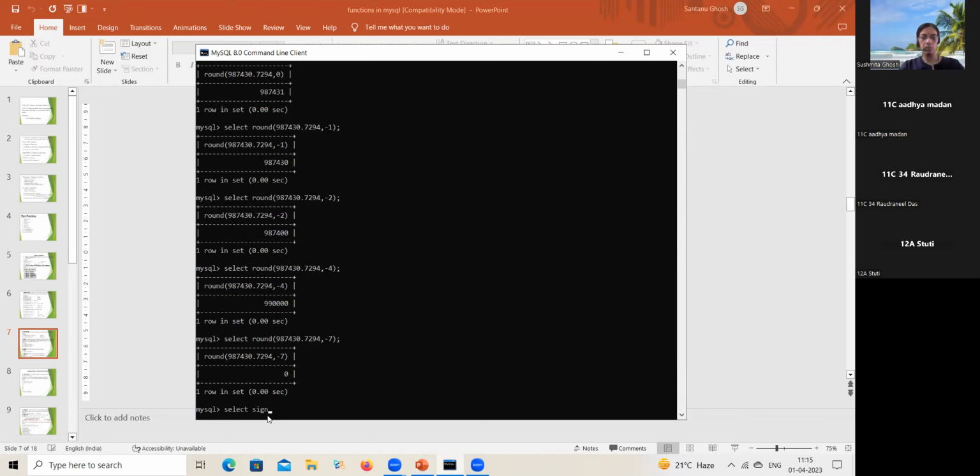Select sign of any positive number. And when we do not use a table, so we do not write from. Okay. When I say a negative number, it is -1. And when I say sign of 0, it gives me 0.